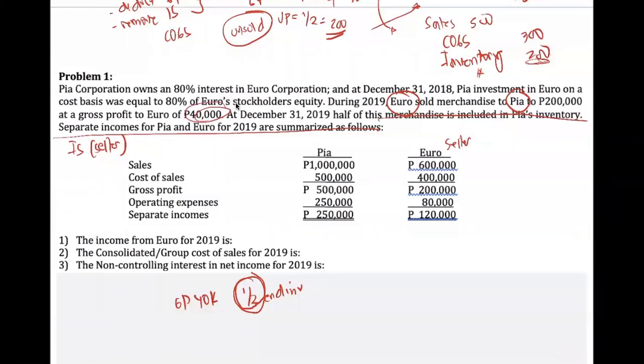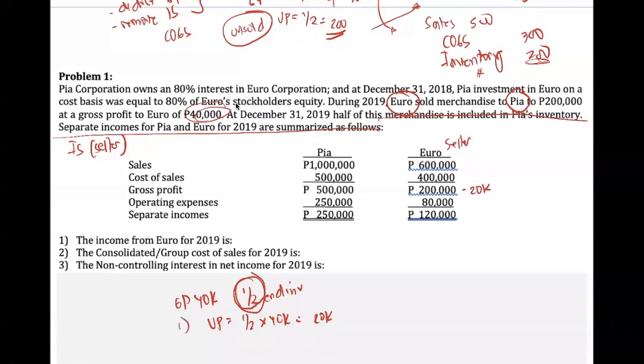Euro, gross profit 40,000. First step, get the unrealized profit. Since half is unsold, one-half multiplied by 40,000, the unrealized profit is 20,000. You will adjust that to the seller. Who is the seller? Euro. So we remove that from the gross profit.